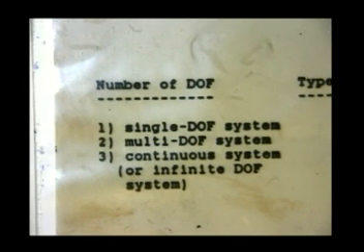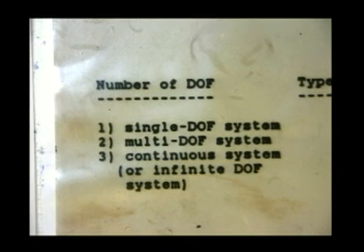Characterization according to the number of degrees of freedom means, first, single degree of freedom system. What is a single degree of freedom system? This is a system whose behavior can be characterized by a single coordinate, just one coordinate only.